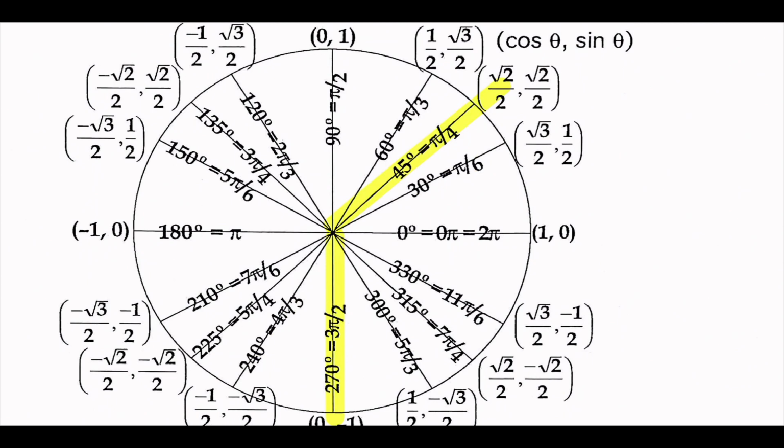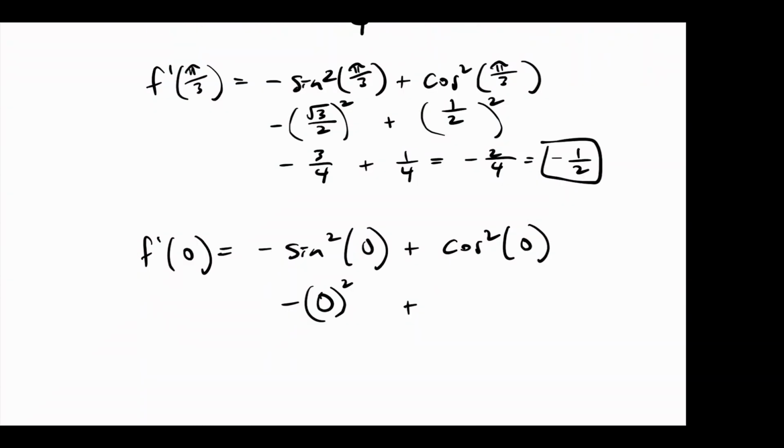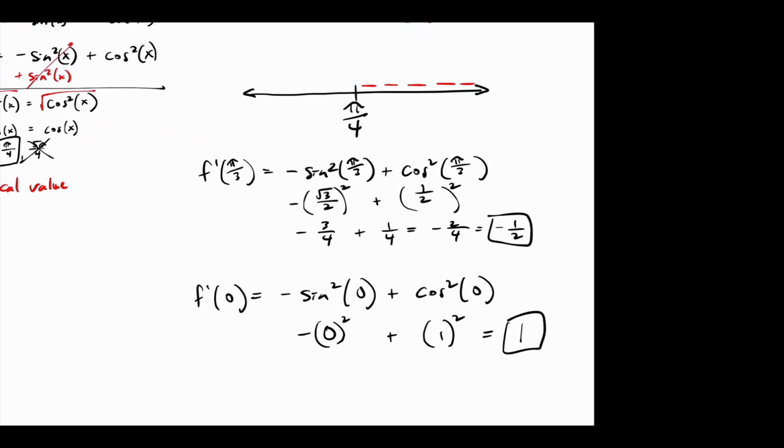Cosine of 0 is 1. Okay. 0 squared is 0. Negative 0 is still 0. Plus 1 squared is 1. Positive number. Okay. So anything less is going to be a positive number.